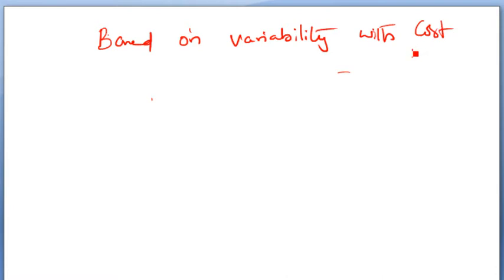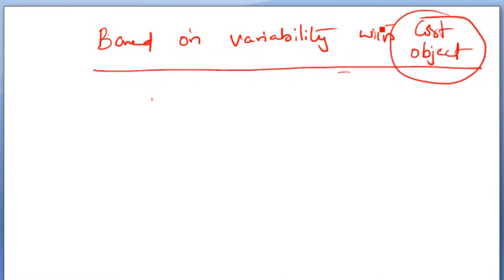Here we are going to classify cost based on variability with cost object. You already know what a cost object is, which we saw in lecture 1. I want to find the cost of something, and that something is the cost object. Generally the cost object is the output.